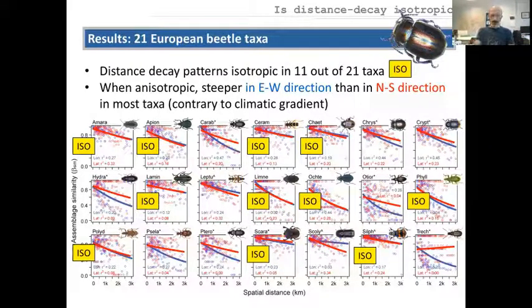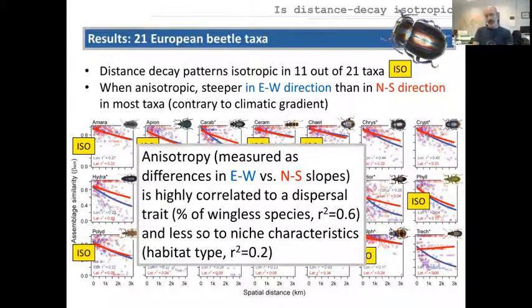And we have assessed that, and what we have seen is that traits correlated with dispersal ability, like the proportion of wingless species in each group, are very tightly correlated with the degree of anisotropy, measured as the difference in slopes between east-west and north-south directions.